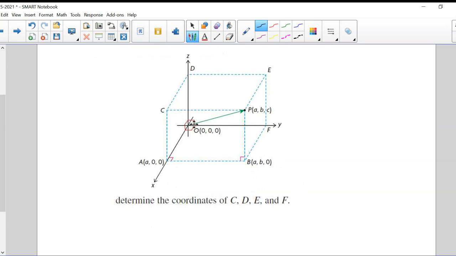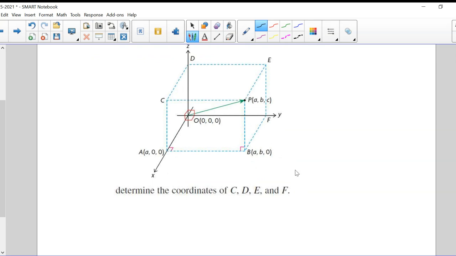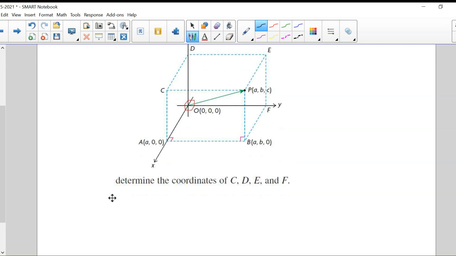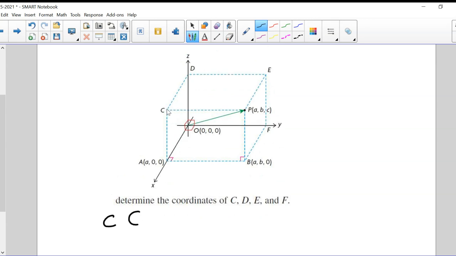I'm trying to give it a three-dimensional perspective. Here's my 0, 0. The point ABC is somewhere in this corner of this prism right here. So let's name C with triples, right? So it's a point. It's not like I'm trying to draw a vector. The point C is right here.